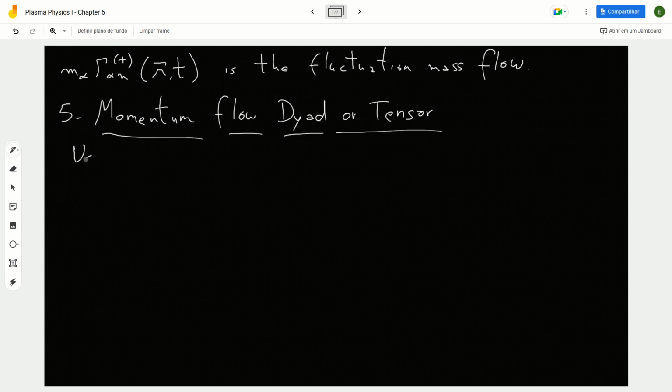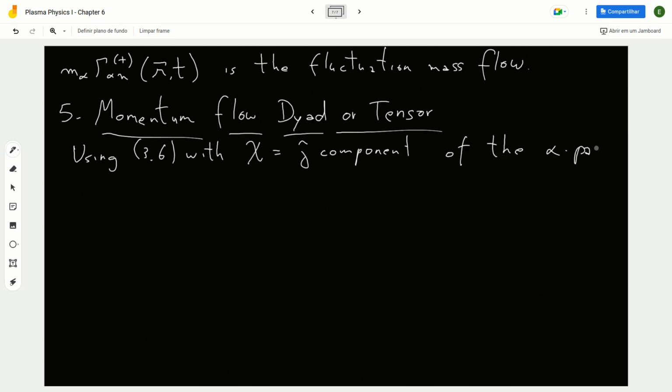So using 3.6 with chi equal to the j component of the alpha particle momentum.